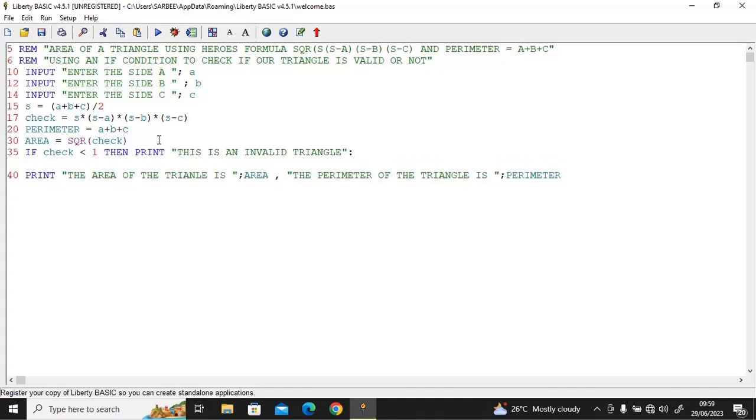But if check, there are better ways to do this. If check is greater than 1, then print what? You print the area.